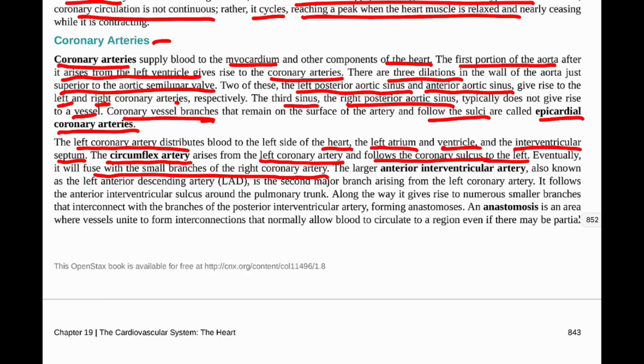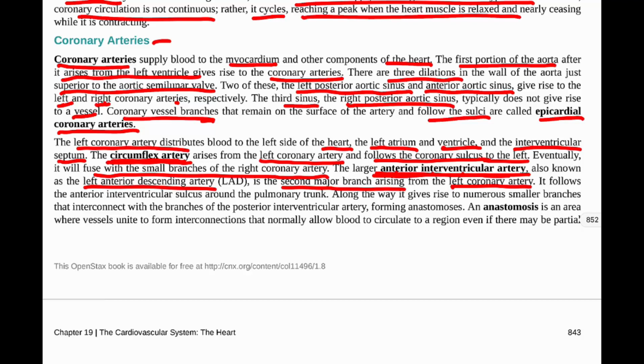The larger anterior interventricular artery, anterior front, between the ventricles, is the second major branch arising from the left coronary artery. So we have our left coronary artery coming from the aorta, and then it branches into our circumflex artery and our anterior interventricular artery.